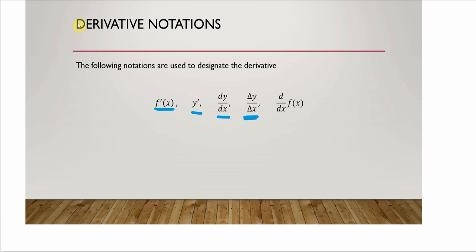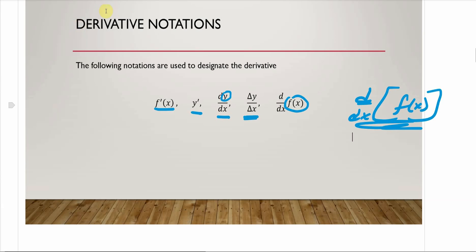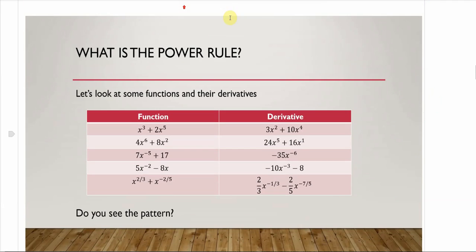Here, if you notice, the y right here is really f of x, but they don't put it on top, they put it to the side. So it's d over dx, and then they'll put in the function here. So this is a very popular notation, okay? So let's go ahead and state the power rule, all right?